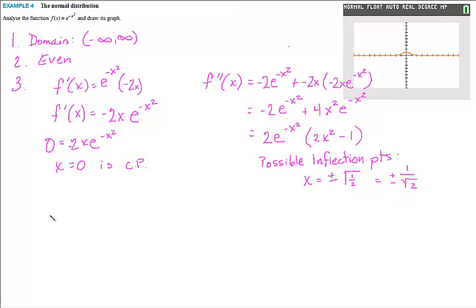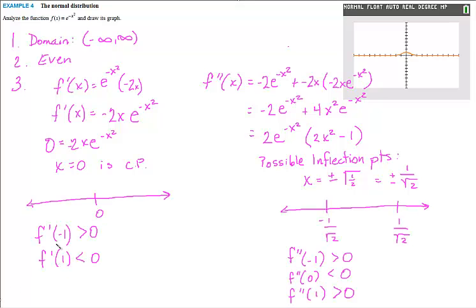Now I'm going to do my number line, and I need to check on either side of all of these different points. And these are the points that I chose on either side, and when I plugged in a -1 I found that it was positive, so that means my function is increasing when it's less than 0 and decreasing when it is greater than 0. That means that x equals 0 is a local max.